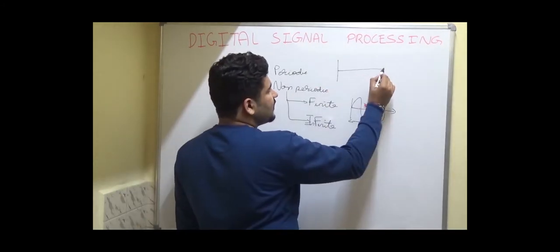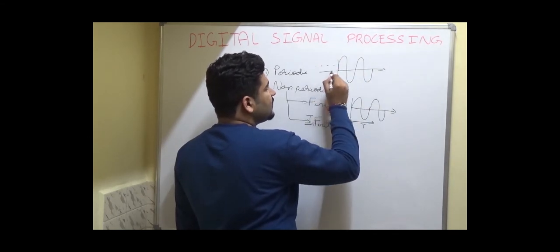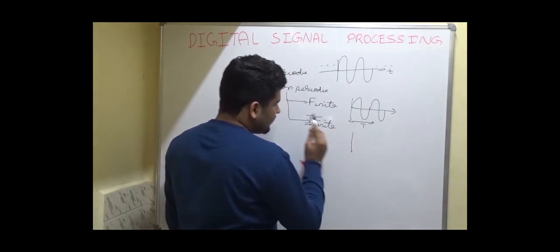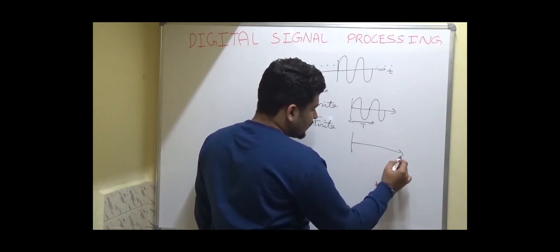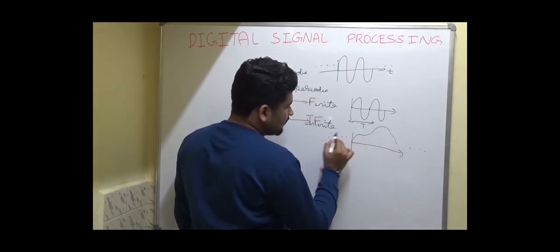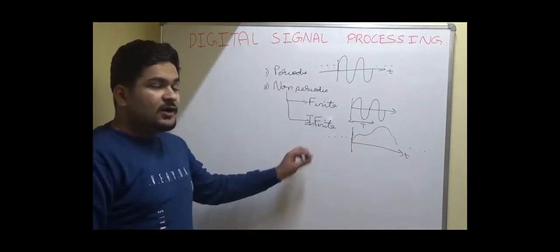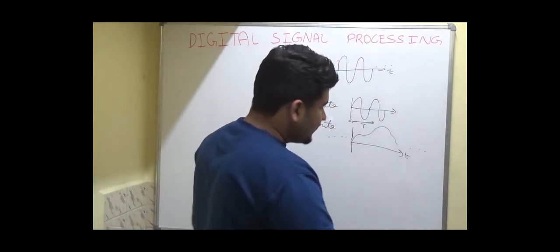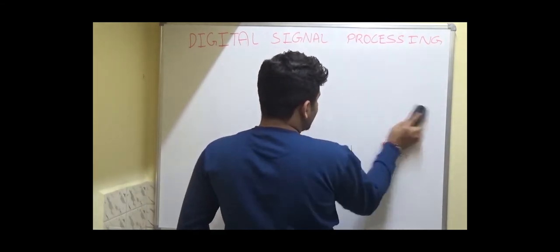For a signal to be periodic, it has to be defined from minus infinity to plus infinity, and a non-periodic signal can also be infinite if it is a random signal like this, which continues up to infinity. Okay, this is the time axis and it continues up to infinity. So these are the three important classifications of the signal. Now, keeping this in mind, let us see what is meant by truncation and extension.